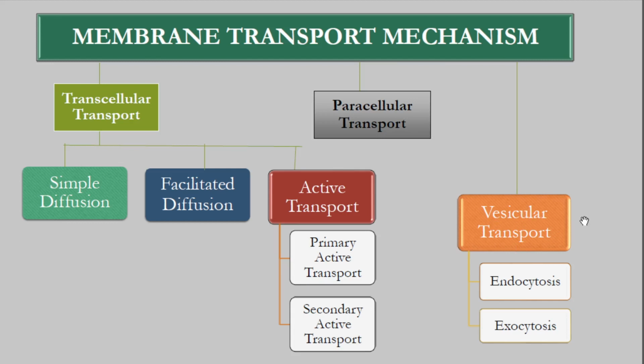In this, the transportation takes place with the help of energy inside the cell by the formation of vesicles. It is of two types: endocytosis and exocytosis. Now let's see each mechanism in detail.